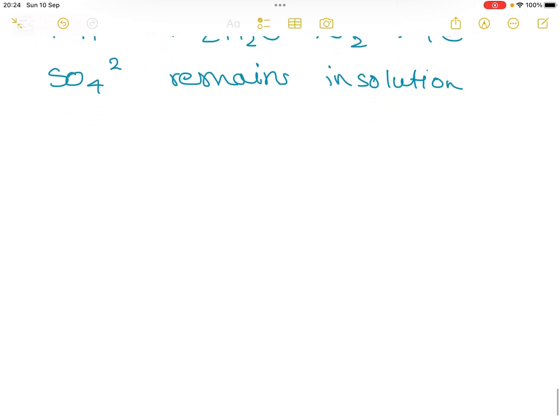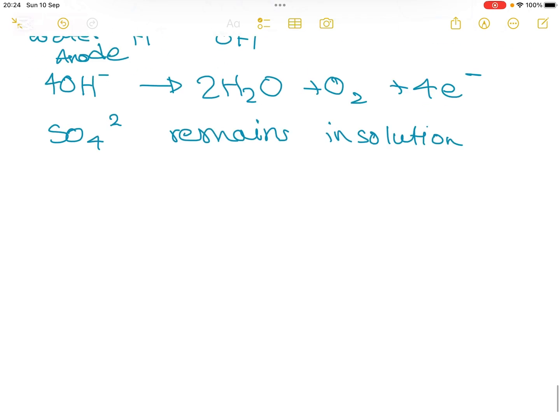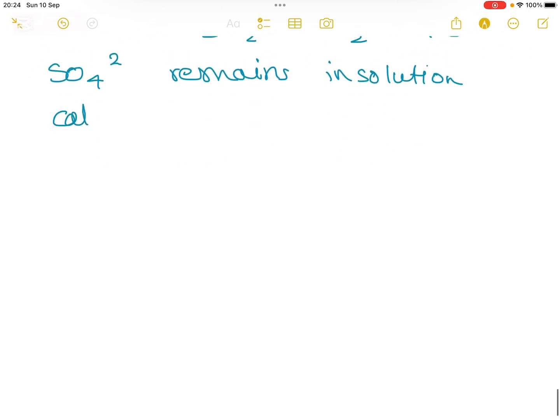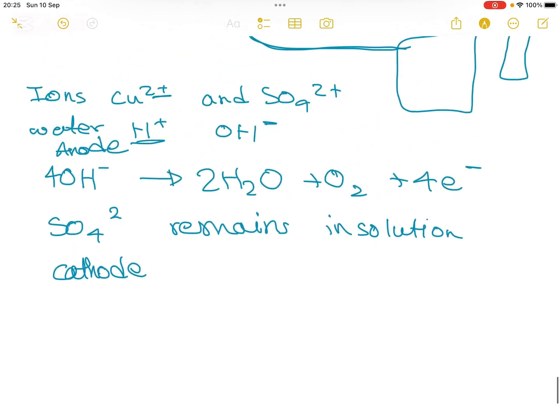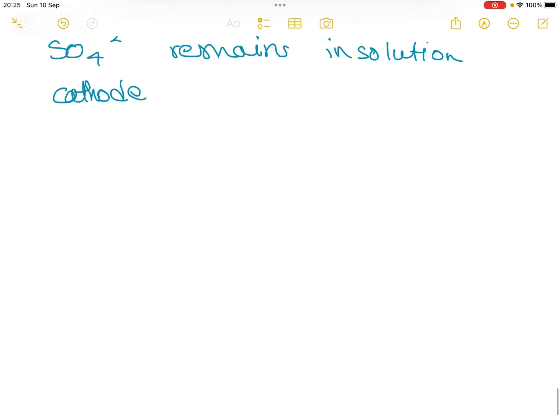I just want to check that I said we have molten and we have aqueous, and in aqueous we have dilute and we have concentrated. So basically these were the ions at the anode. We have here ions at the cathode as well. The hydrogen positive ions and the copper positive ions are attracted to the cathode.